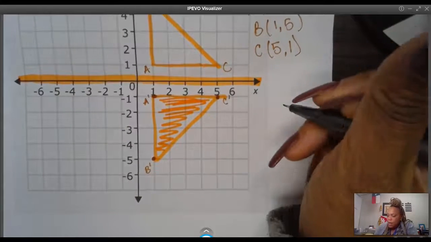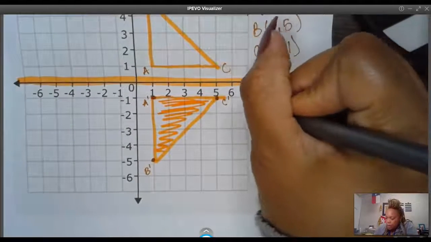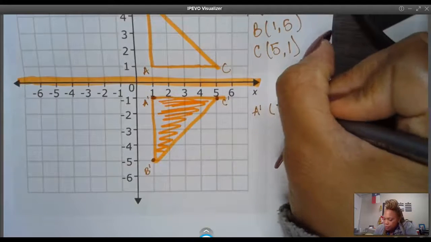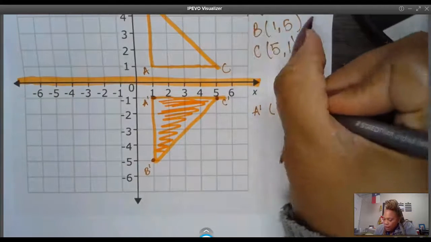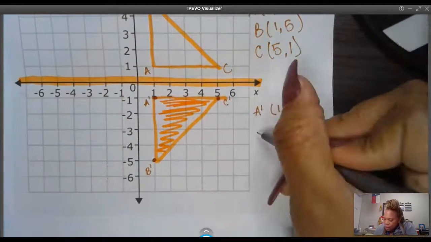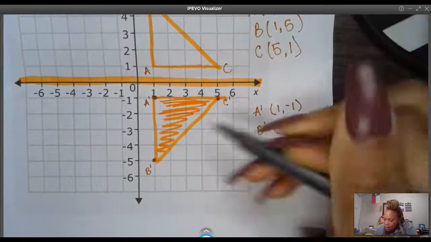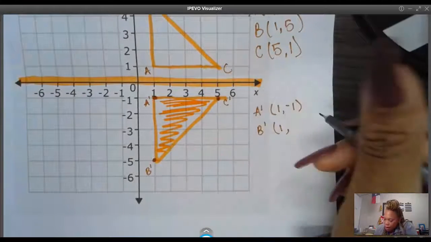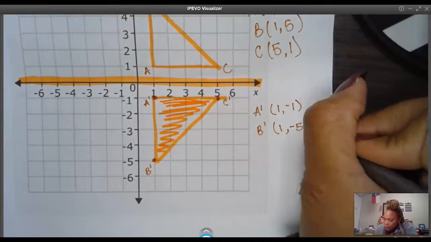Okay, so we make note of the points. A prime, in this case, x is 1, y is -1. B prime, x is 1, y is now -5.